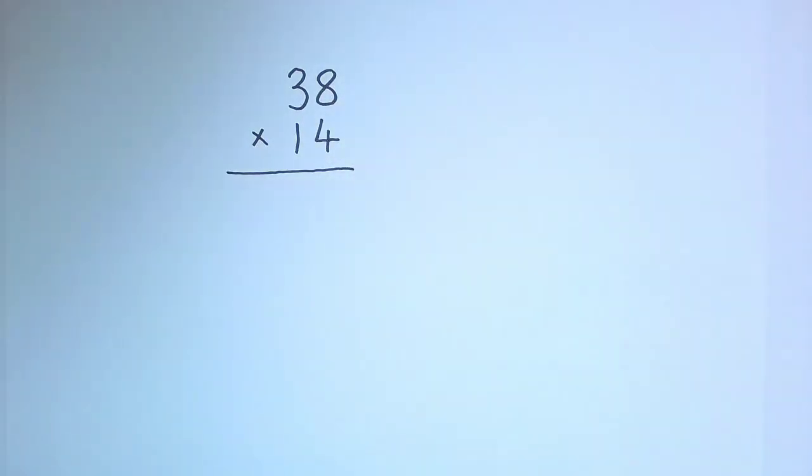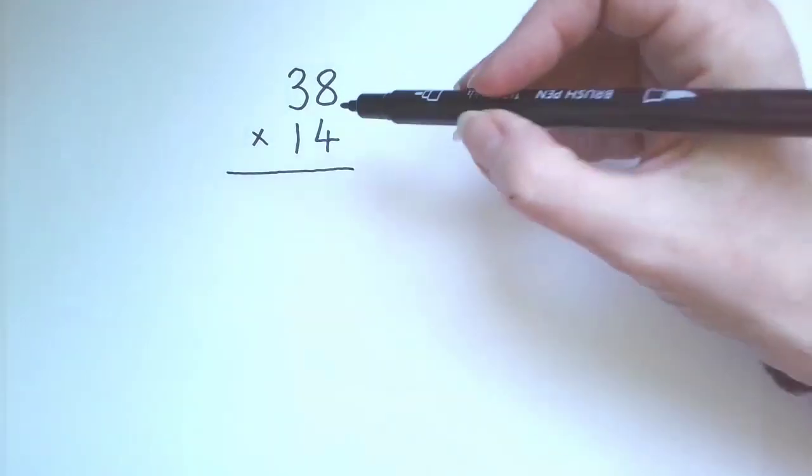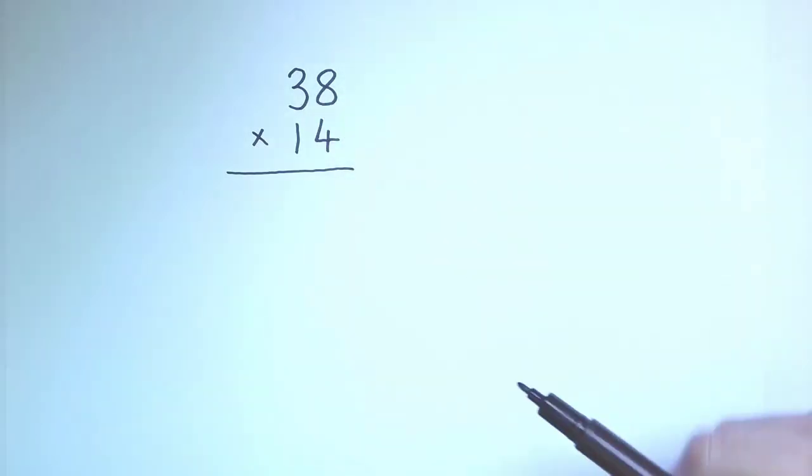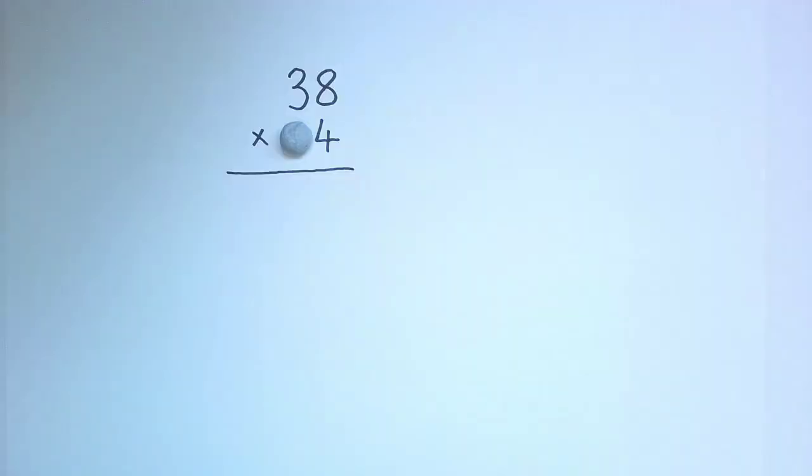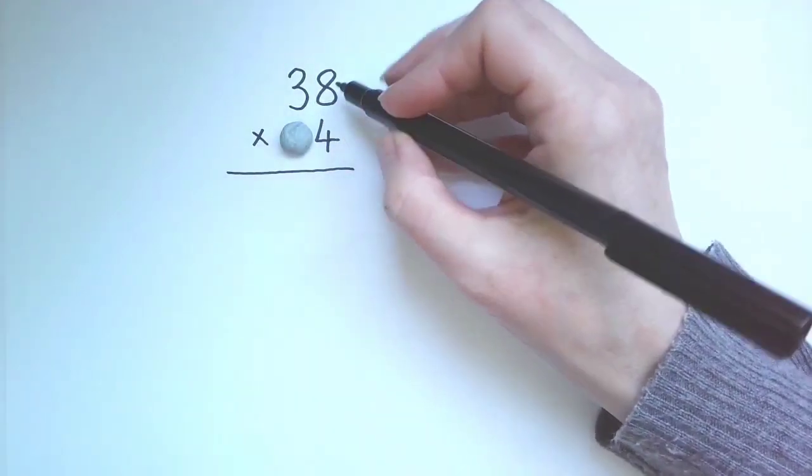So we know we're going to have a couple of calculations. So to make this easier, what I'm going to do is start by multiplying 38 by 4. And I'm just going to cover up that 10. So I can see I'm just going to do 38 times 4.